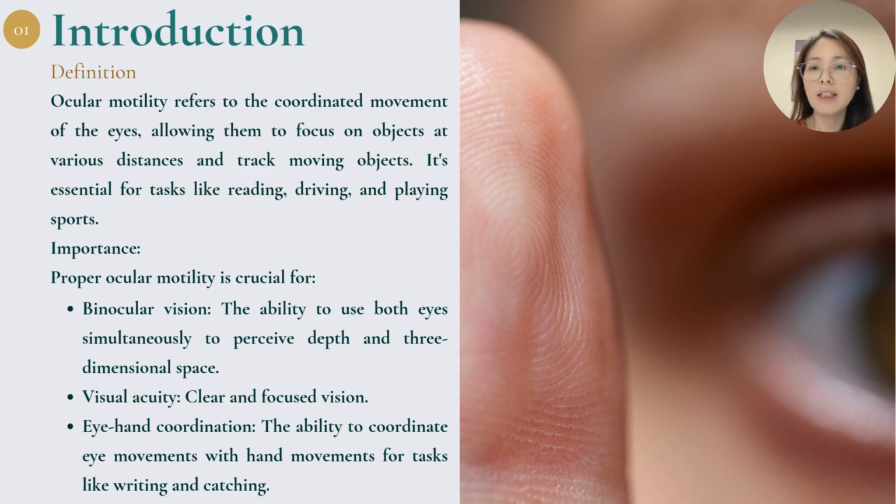And finally, good ocular motility is key for eye-hand coordination. This allows us to coordinate our eye movements with hand movements for activities like writing, catching, or any task that requires precise visual and physical coordination.